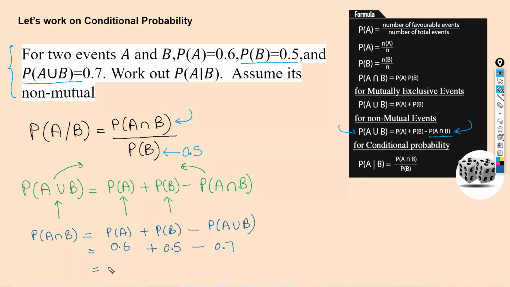I am getting 0.4. So that means P(A and B) is 0.4. We have to take 0.4 and divide it by 0.5. So the people who got 0.8, you are correct. For the people who got 0.6, do you understand your mistake?